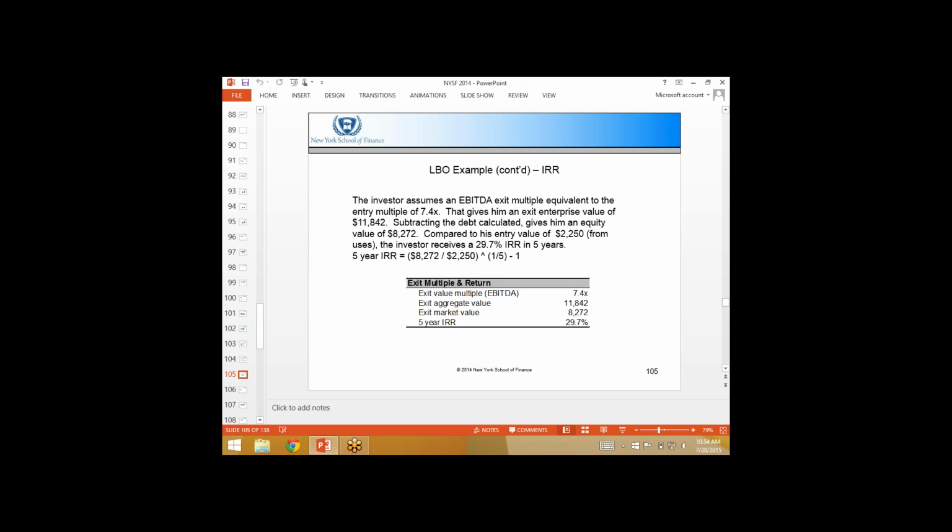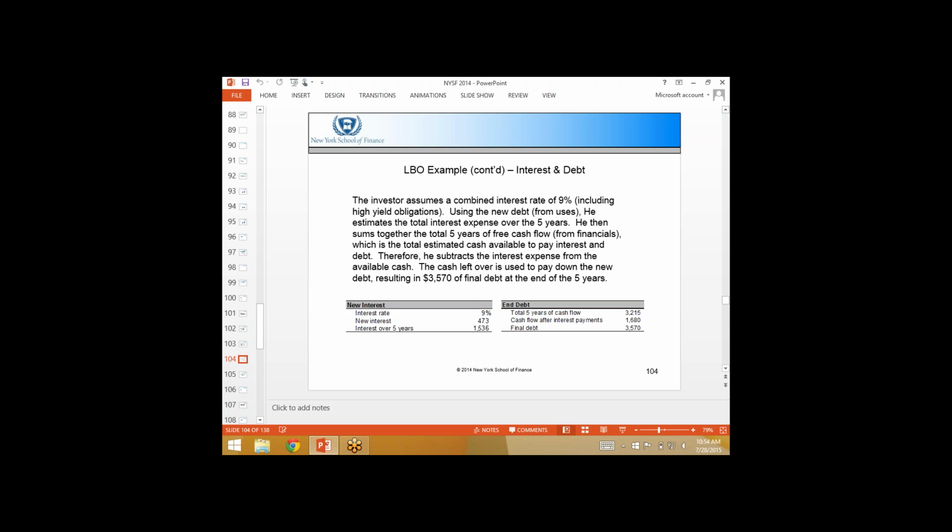That gives me 3570. Final debt is 3570. That's the beginning debt plus the interest minus as much cash I can pay down. That's the final debt. So now I got my exit, 1206.94. I was able to pay down 3570.